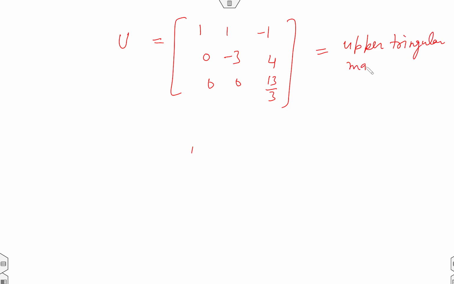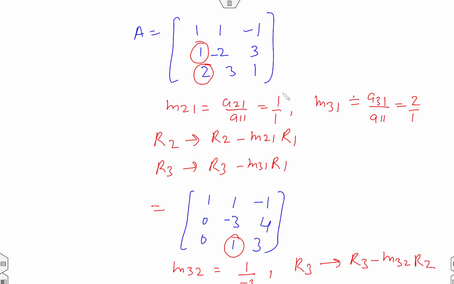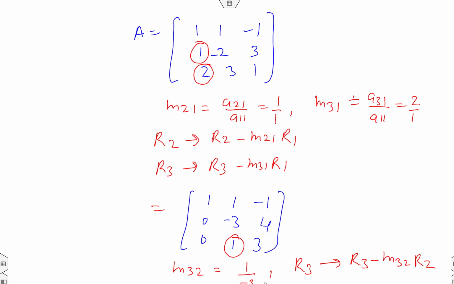All below diagonal elements are 0. Now compute L. L is [1 0 0; m21 1 0; m31 m32 1]. m21 is 1, as we computed in the previous slide. m31 is 2. m32 is minus 1 by 3.